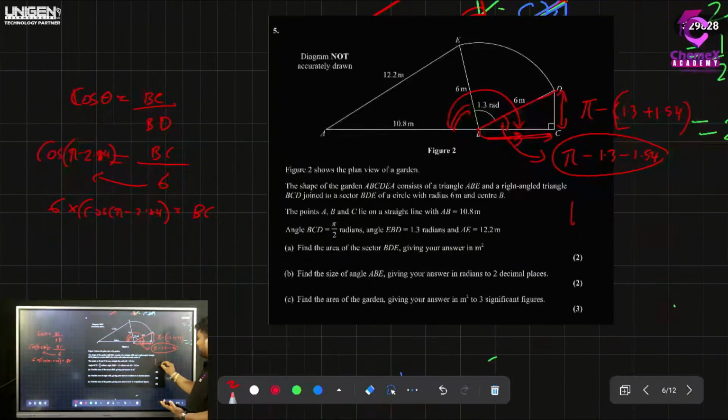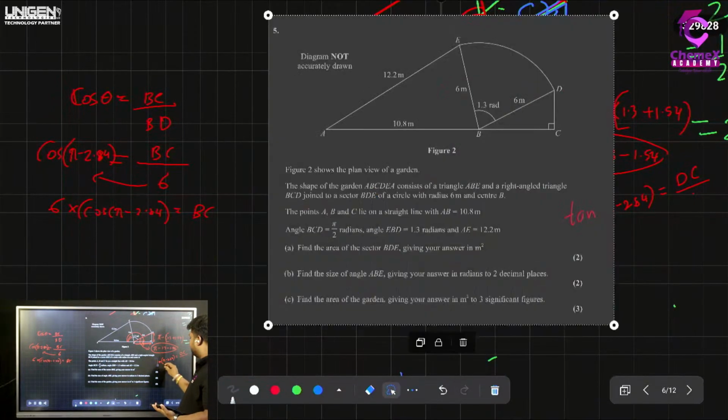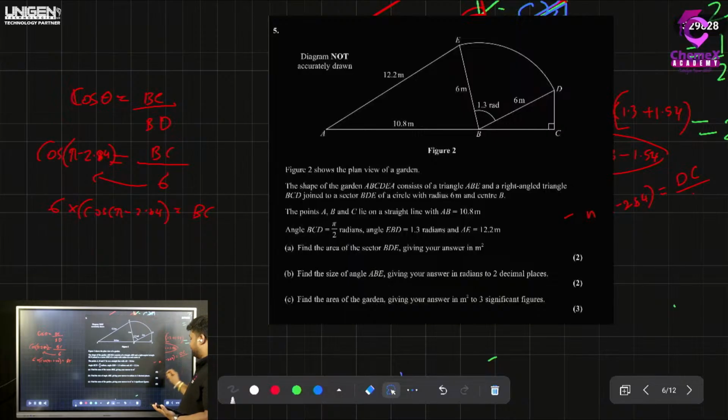Okay, that also has to be done. Pi minus 2.84 is equal to, it's not wrong. So DC over 6. Not tan, you have to put something else. What are you going to put there? Sine. So you have to put sine, not tan.